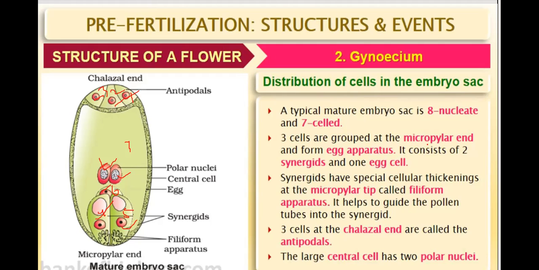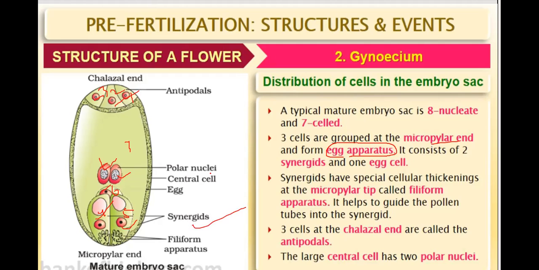3 cells are grouped at the micropylar end and form the egg apparatus. So what is the location of the egg apparatus? It is formed towards the micropylar end. The egg apparatus consists of 2 synergids and 1 egg cell.